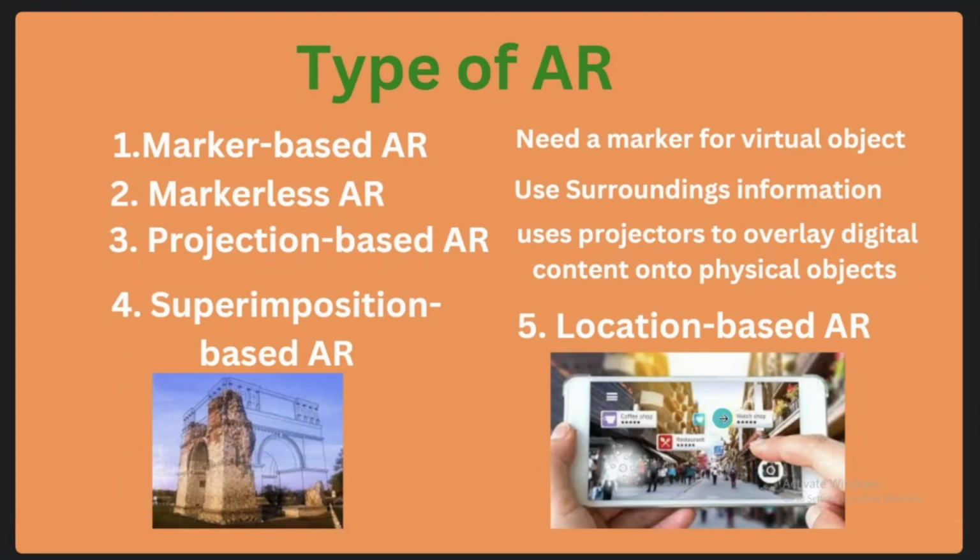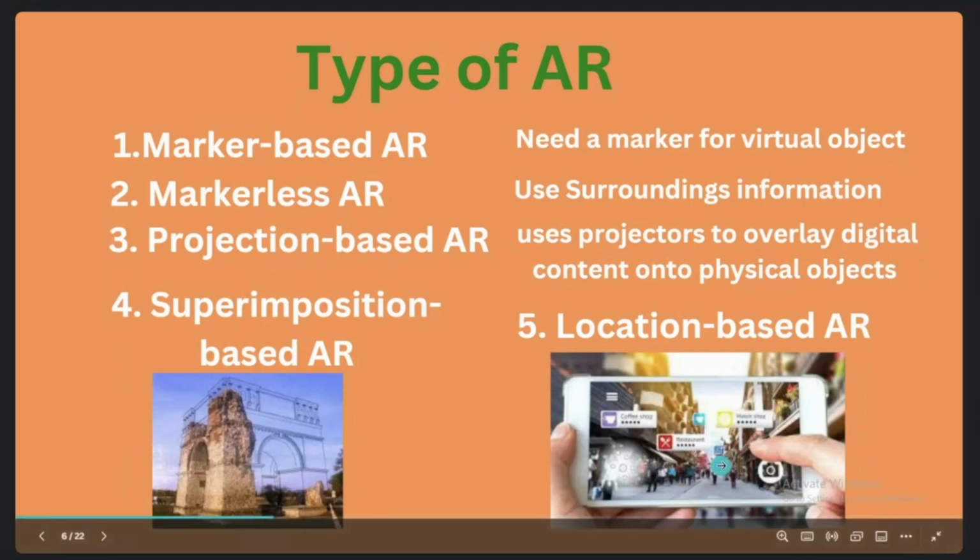And location based AR, where we create the content. Location based AR means the developers create content based on locations, so that location content can be shown in augmented reality based apps, and users have a much better experience, as we can see in the images here.